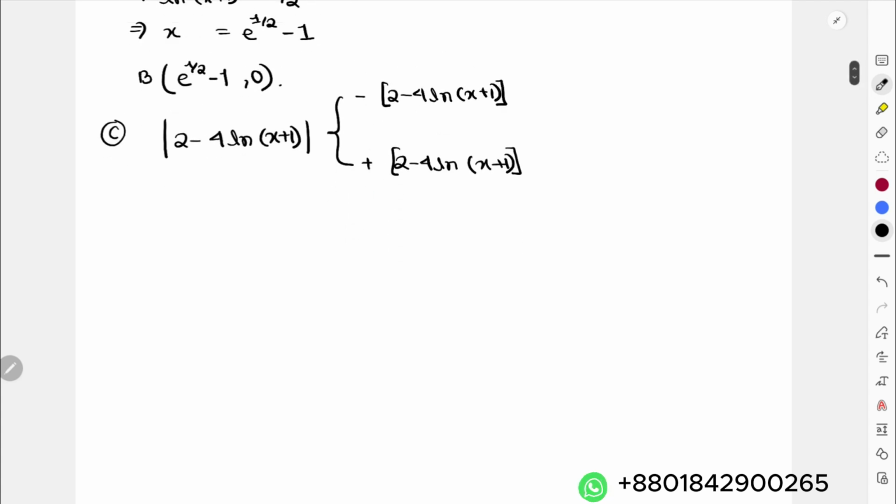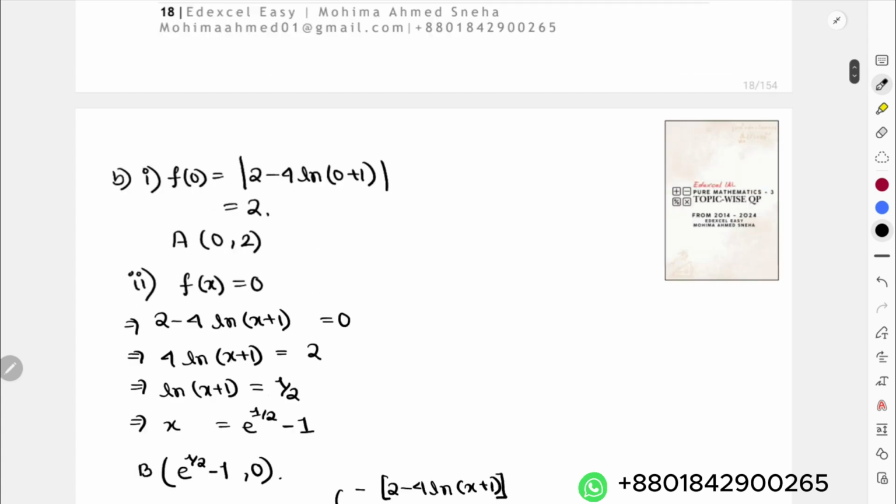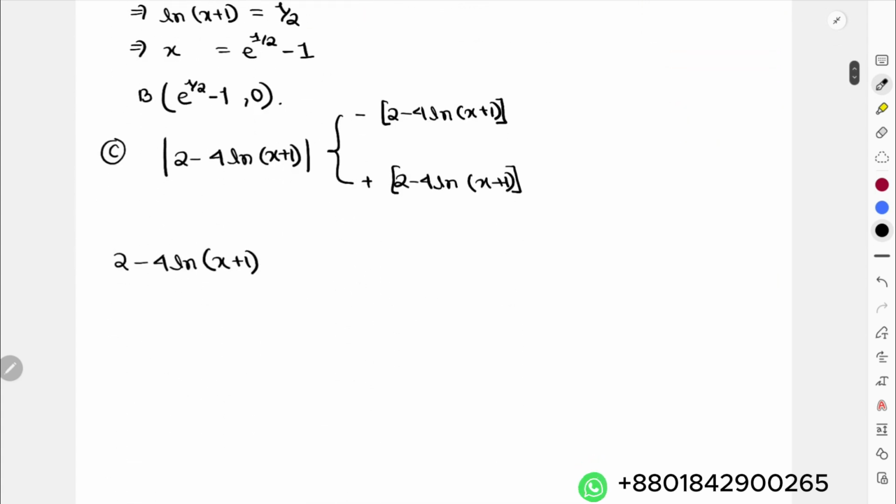Now if I have to solve this, I obviously have to solve it with a positive value and with a negative value. So we have 2 minus 4 ln(x plus 1), working with the positive value. That was, I think, greater than 3.